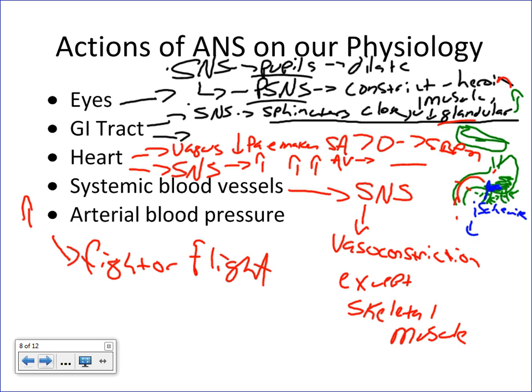All right, and in order to do that, in order to maximize that, you're going to need to redistribute blood flow to your skeletal muscles. So the sympathetic nervous system is going to cause blood vessels to constrict, to your GI tract and so on. Okay, to your kidneys. All right.